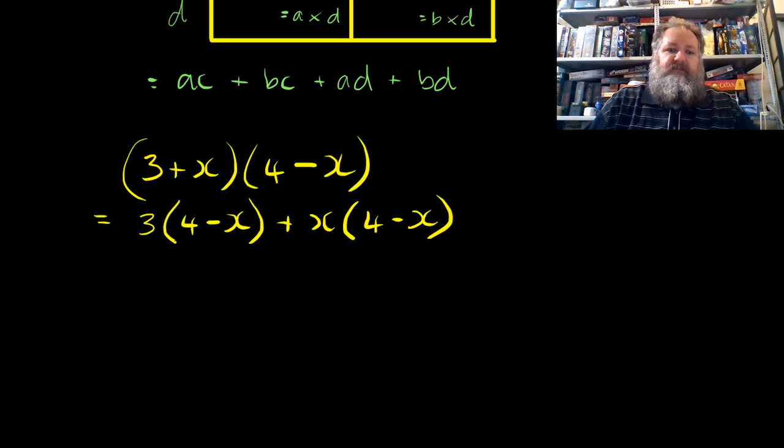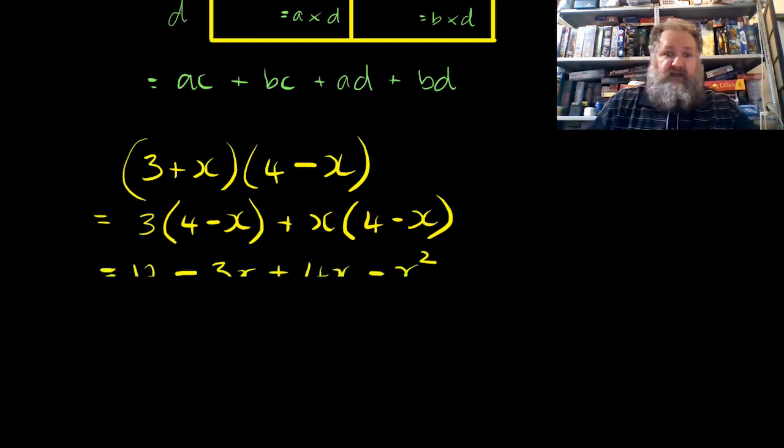The 3 ends up out the front of the second bracket, and then the other part of the first bracket, the plus x, it ends up outside of the second bracket as well. So you'll notice that this bracket here, the 3 plus x, it gets put out the front of the second bracket, which is repeated twice. Okay, that's fine. We can then multiply out those brackets like we did in the last video.